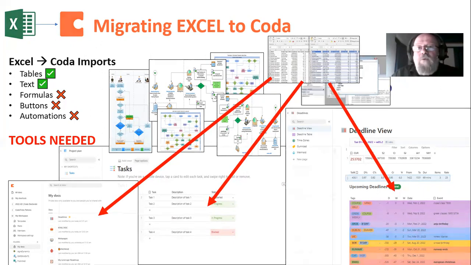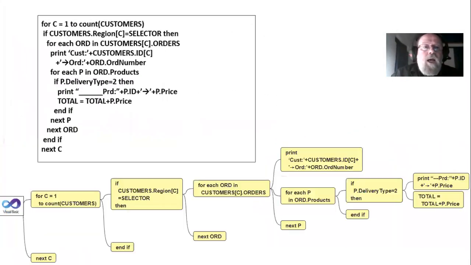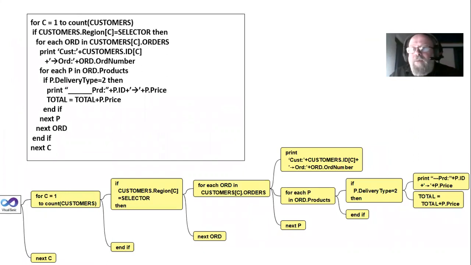So what we've been working on is finding a way of taking the code they have, starting with the Visual Basic, and turning that automatically into a Coda formula. And you saw in the demonstration, we take the code, we break it down into its internal structures.